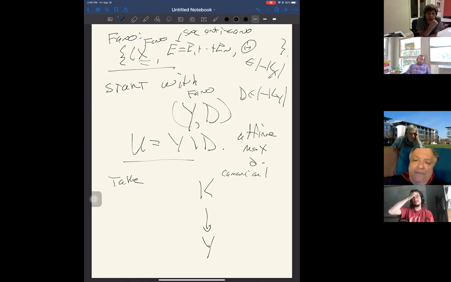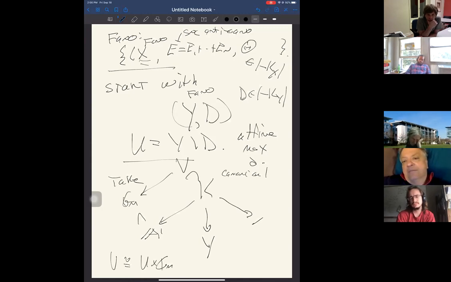Notice because D is anti-canonical, that gives you a function on K. So this K comes with a map to A1. Inside of A1, I have G_m, and the inverse image of that, I'll call V, and it's actually isomorphic to U cross G_m. So this is again a log Calabi-Yau.